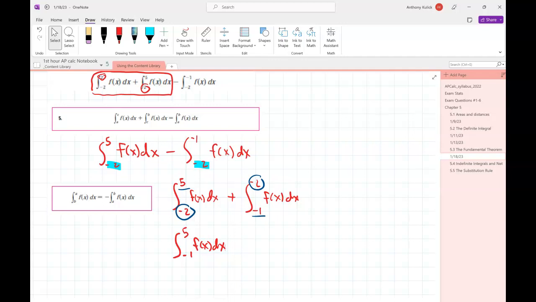Those kinds of things. You don't have to have it memorized to where you write it down, but you want to make sure that you're aware of it.